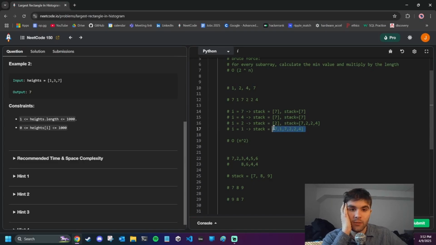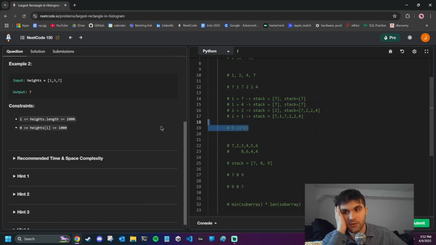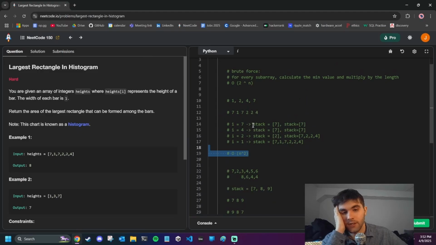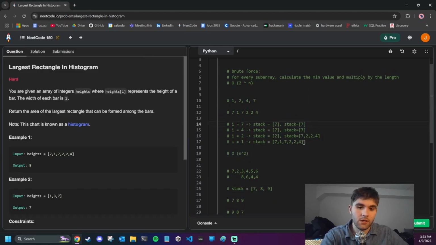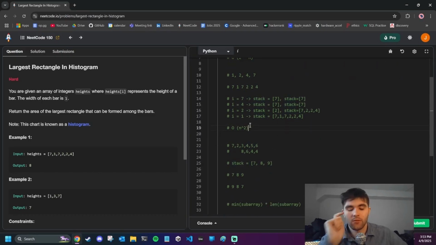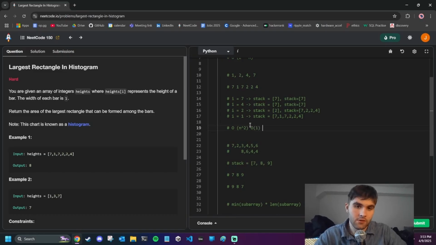So here you'd multiply 1 by the count of this, here you'd multiply 2 by the count of this, 4 by the count of 1, and 7 by the count of 1. So that's really interesting, and that's n squared. And I'm not even using a stack, I'm just using a single count here, even though it says stack. So basically it has constant space actually.